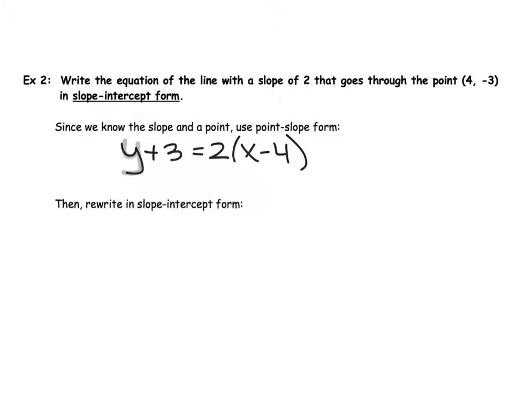I have my linear equation, but I want it to be in slope-intercept form. So in order to do that, I'm going to transform my equation in point slope form into slope-intercept form by isolating the y. So let's go ahead and do that.